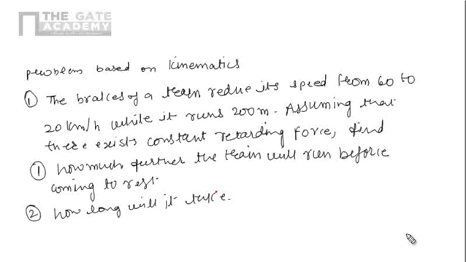Here the speed, that is initial and final speed, is given, and the distance traveled during this initial and final speed is also given. And now we are interested in the distance traveled by the train before stopping, and how much time it will take to do this activity.